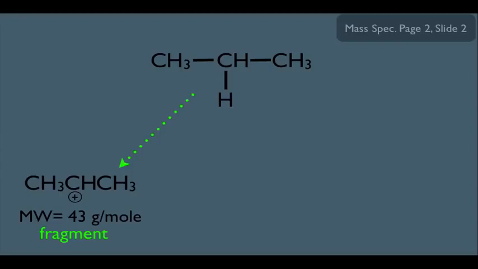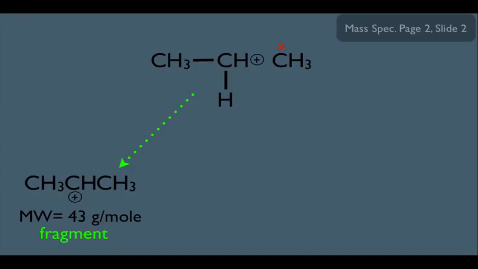Remember, there are other bonds in this molecule. It is possible that the electron beam could dislodge one of the electrons in this bond right here between these two carbons. If that happens, then remember, one species gets the positive charge and the other one gets the electron. And let's say this happens to be the case. Now remember, which one of these fragments is going to be detected by the mass spec?